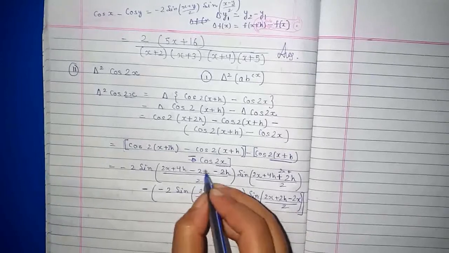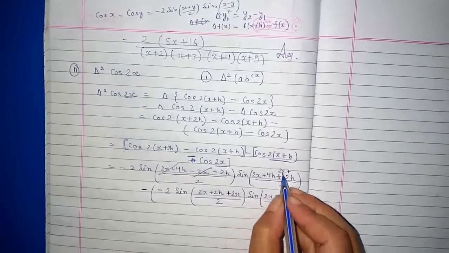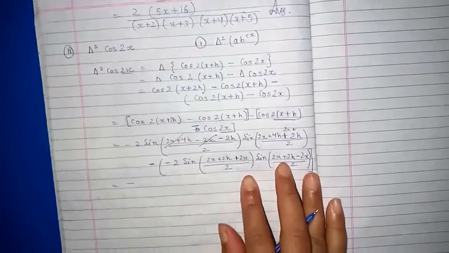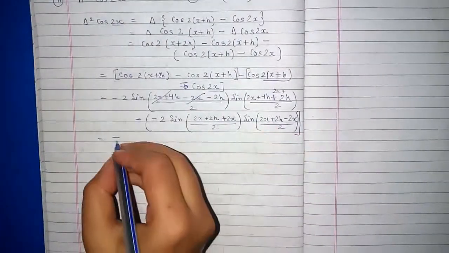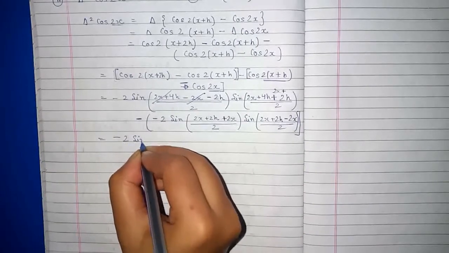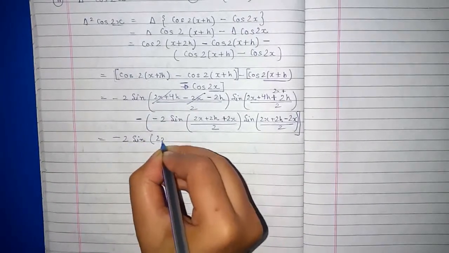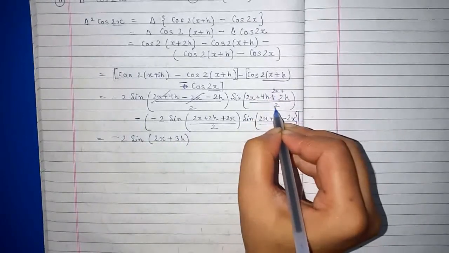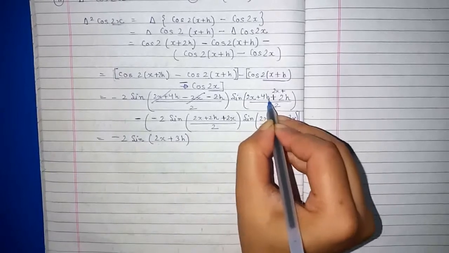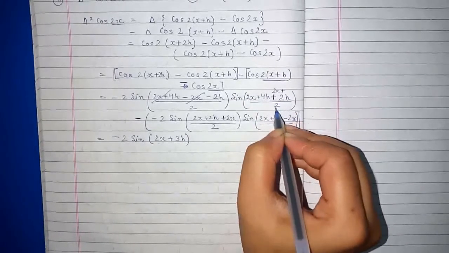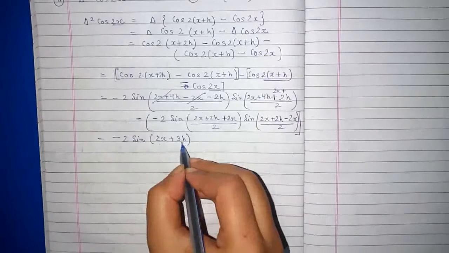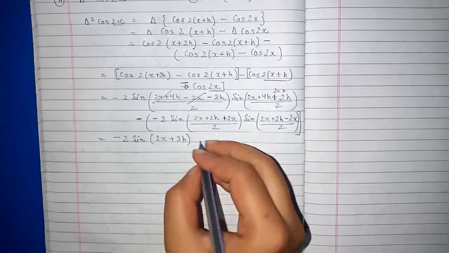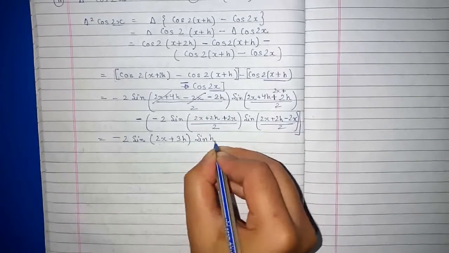Now this and this will cancel out, and 2x and 2x will become 4x. Then your whole calculation becomes minus 2 sine 2x plus 3h. See here 4x divided by 2 becomes 2x, and 4h plus 2h becomes 6h; 6h divided by 2 becomes 3h. Here this and this will cancel out, and 2h by 2 means h, so it becomes sine h.